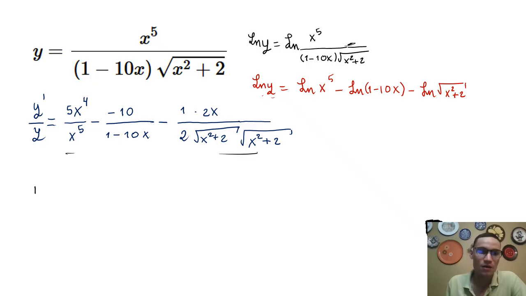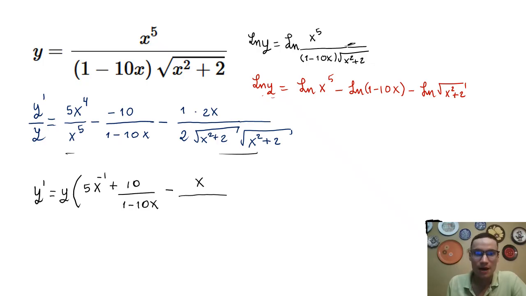We have that y prime is equal to y times 5 times x to the minus 1, plus 10 divided by 1 minus 10x, minus x divided by x squared plus 2.